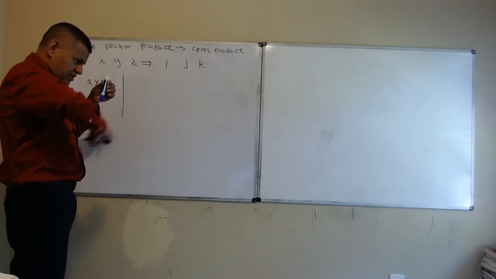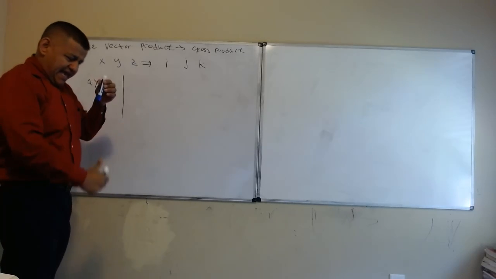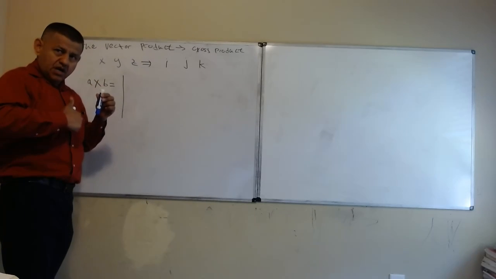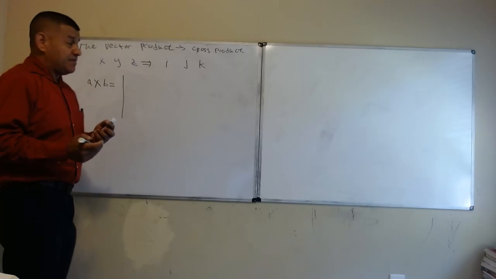The roof of the building is the xy plane, and the line coming up towards you is the z-axis. That's how we think about three dimensions.